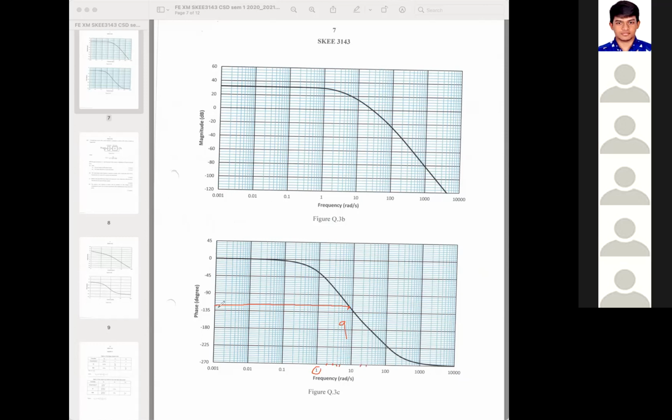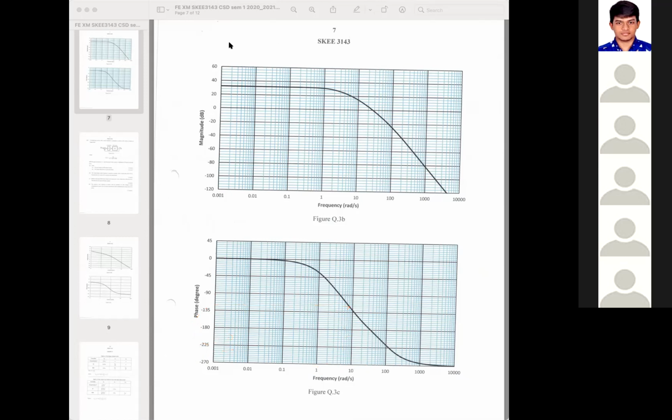So 9, and this is minus 122. So the omega GM is about 9 radian per second to achieve phase margin 58 degrees.